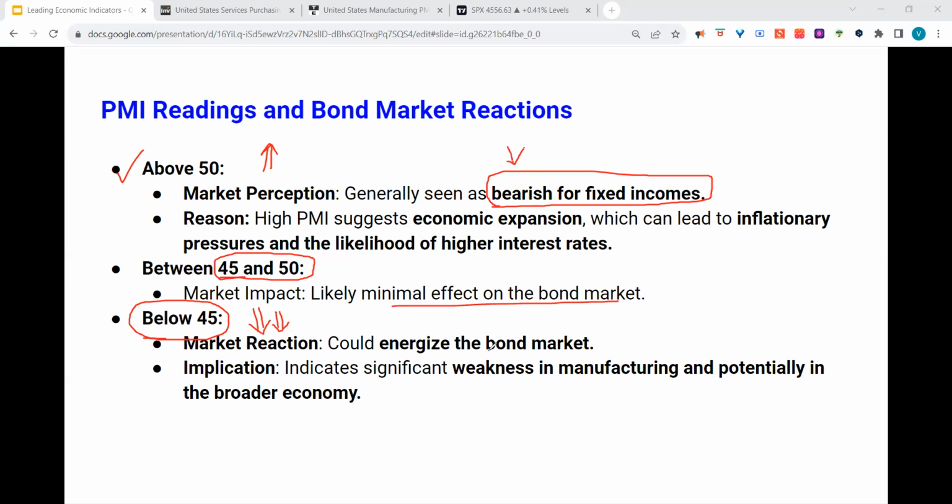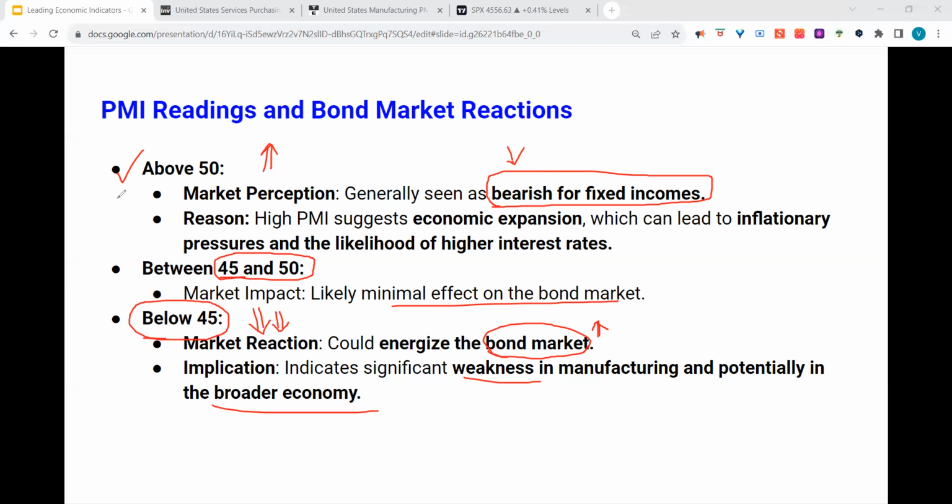That is why safe haven instruments like bonds generally tend to go up. The implication is that there is significant weakness in manufacturing and potentially the broader economy. So the money flows towards the bond market and less towards risky assets such as the stock market, right?